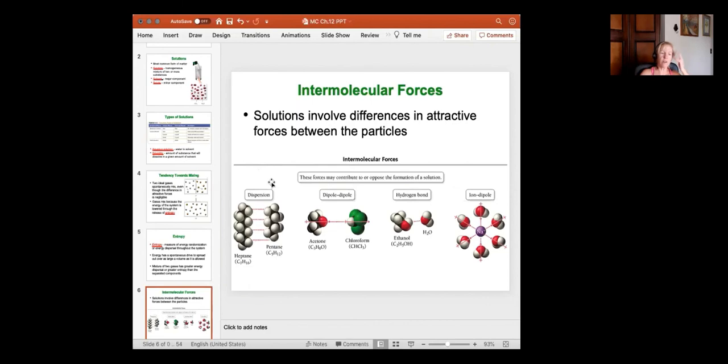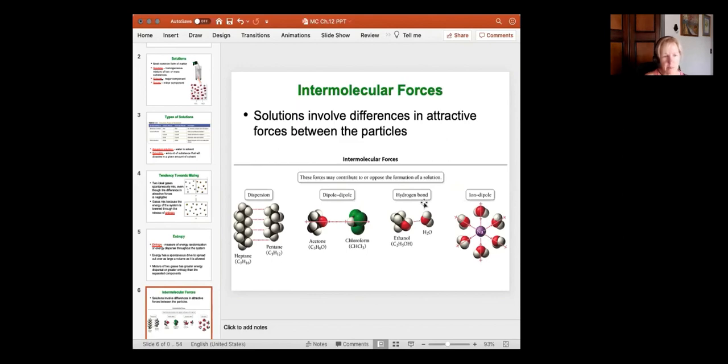So in order for a solid or a liquid to form a solution, you have to break the force that's holding those molecules together. If it's a dispersion force, I have a lower energy barrier to overcome. As I have more and more of a dipole moment, that force is going to get stronger and stronger. A dipole-dipole intermolecular force is between two polar molecules. And remember, in a polar molecule, you have a partial positive and a partial negative end, and this force happens between them.